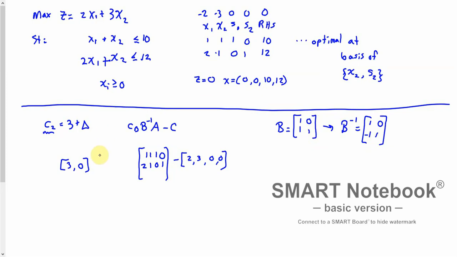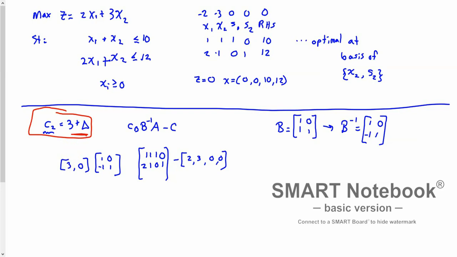And so let's plot that over here. Now, this would tell us what these reduced costs across the top will be when we're at optimal. That would be for C2 equal 3. But what am I wanting to consider for my new C2 value? Instead of 3, which appears here and here, I want to consider 3 plus delta. So let me add in this plus delta.